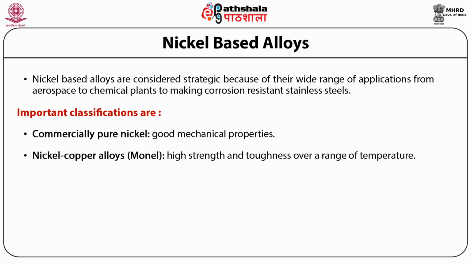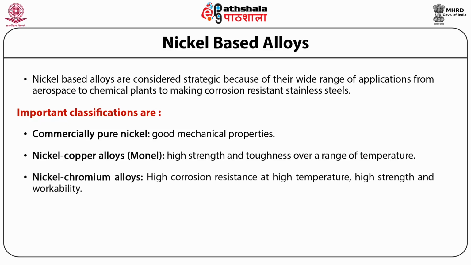Next is nickel chromium alloys. Inconel 600, that is 15.5% chromium and 8% iron, is a standard engineering alloy. Other nickel chromium alloys are Inconel 601 and 625 with improved properties.